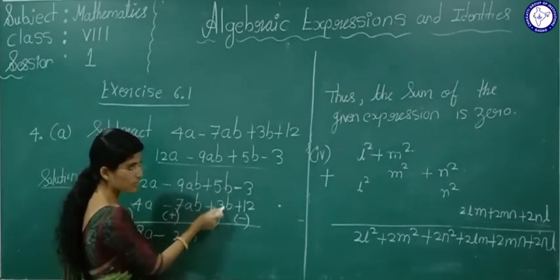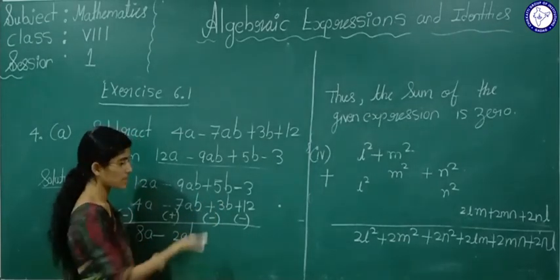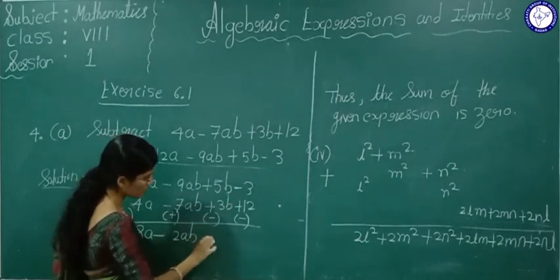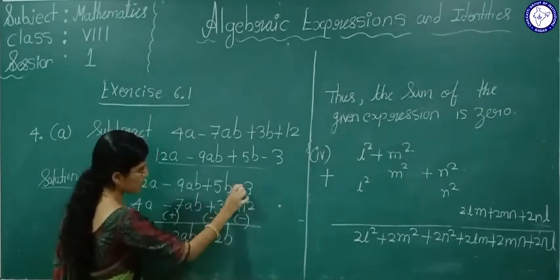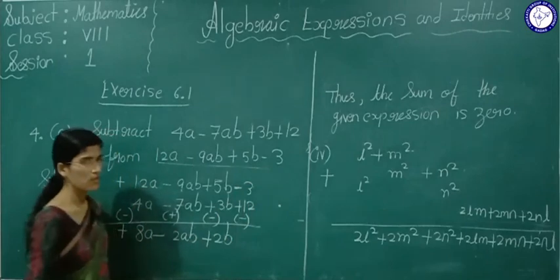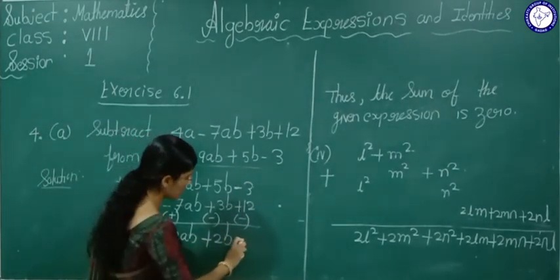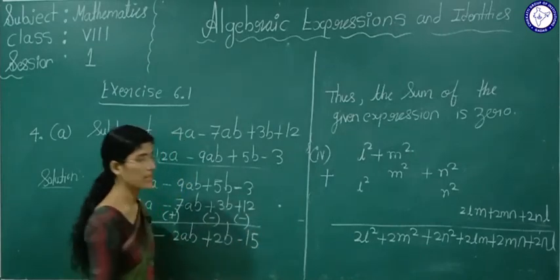Like terms can be added or subtracted, that's why I am doing this. Plus 5B minus 3B is plus 2B, minus 3 minus 12, minus minus is plus, 12 plus 3 is 15, it is minus 15, okay.